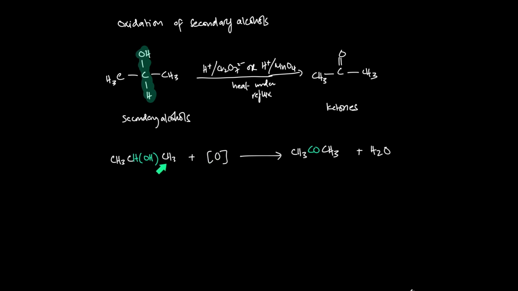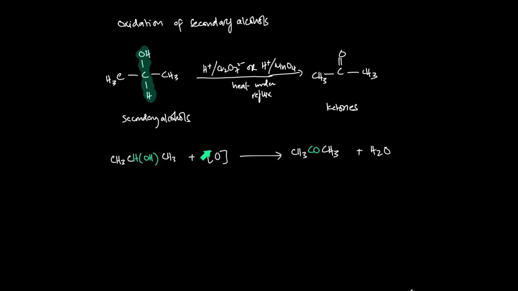One oxygen is being added and two hydrogens are being removed, right? So the oxygen being added is essentially removing the two hydrogens from this compound. Again, you're not directly adding an oxygen onto the molecule. This oxygen that's coming from the oxidizing agent is removing two hydrogens from the molecule, hence we say that it is an oxidation reaction. And you can actually verify this using oxidation numbers as well.